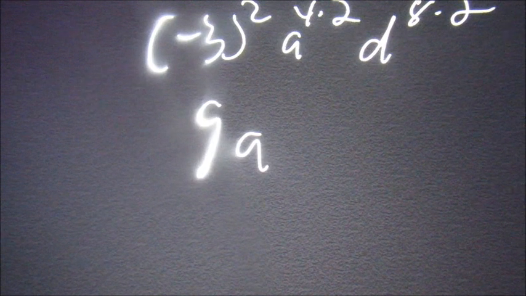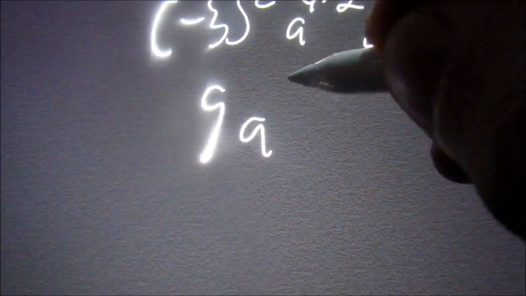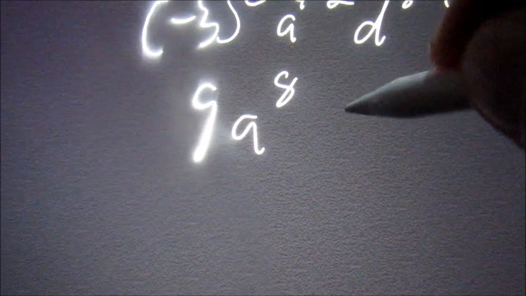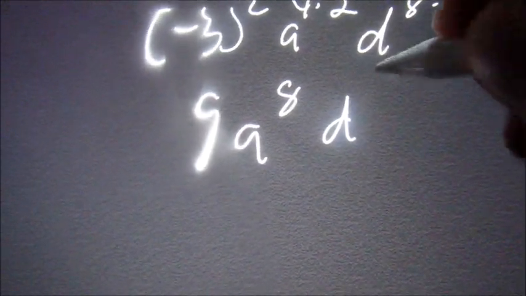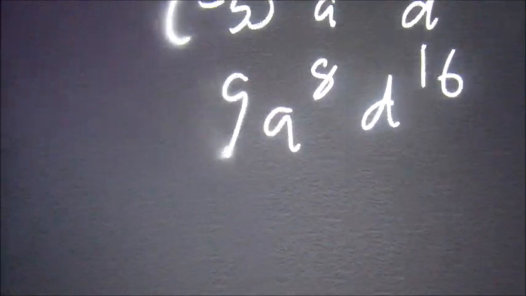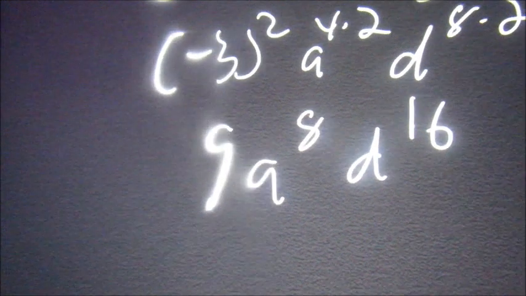A to the 4 times 2 is a to the 8, and d to the 8 times 2 is 16. So the answer here is 9, a to the 8, d to the 16.